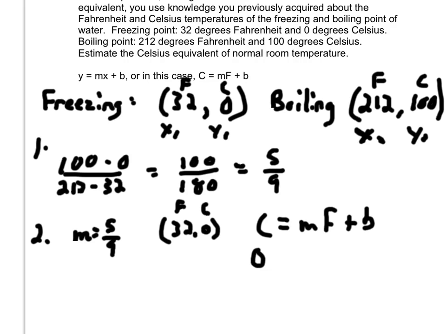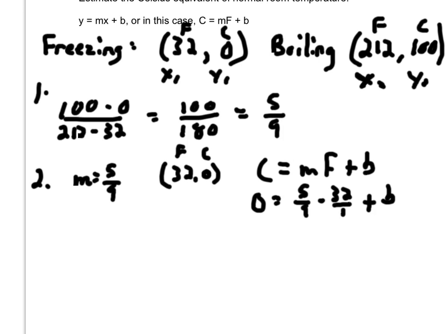Well, our Celsius is 0, our slope is 5/9, times our Fahrenheit, which is 32, or 32 over 1, plus b. Alright, so we're going to get 0 equals, and this one's going to get kind of messy here, 5 times 32 is 160 over 9 plus b.